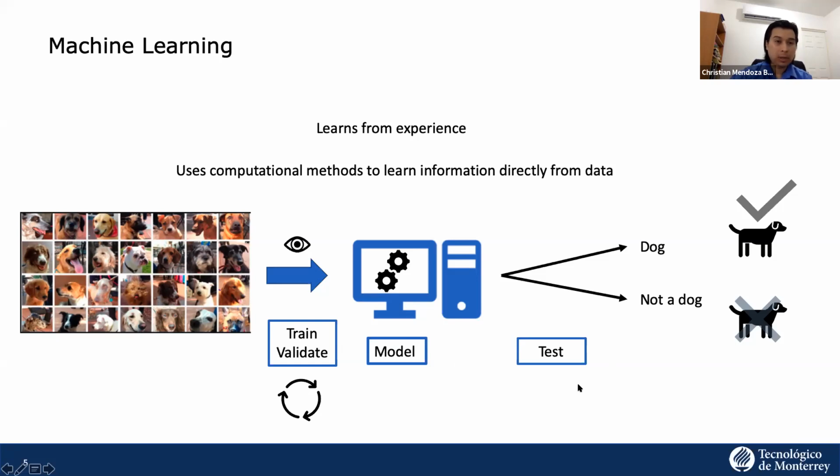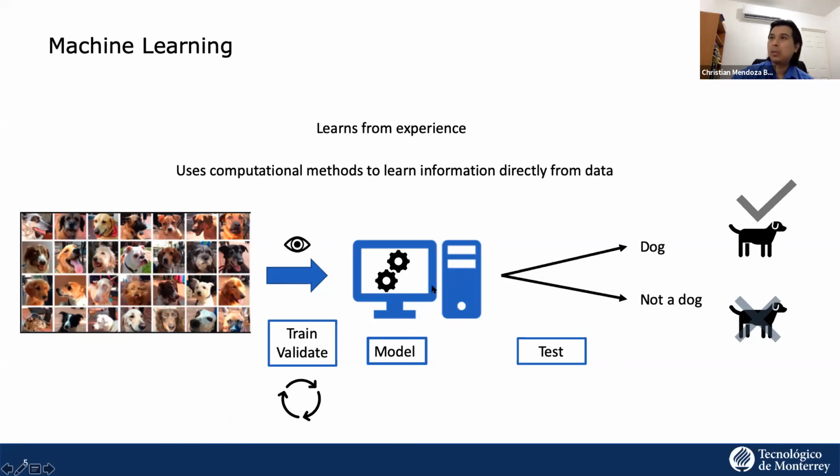So now, if I want to use the model, I will simply take new pictures of more dogs, pictures that haven't been used before to train the model, and then I will ask the computer to tell me if the new image is in fact of a dog.